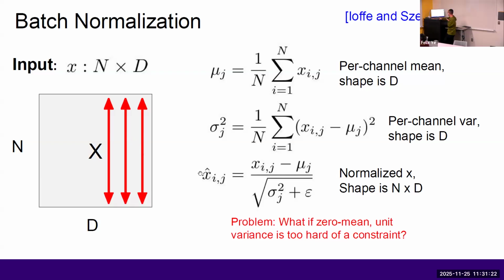This is very straightforward, like whitening. But a zero mean and unit variance can be too hard a constraint, and sometimes that's not possible, for example the output of ReLU, which is always non-negative.